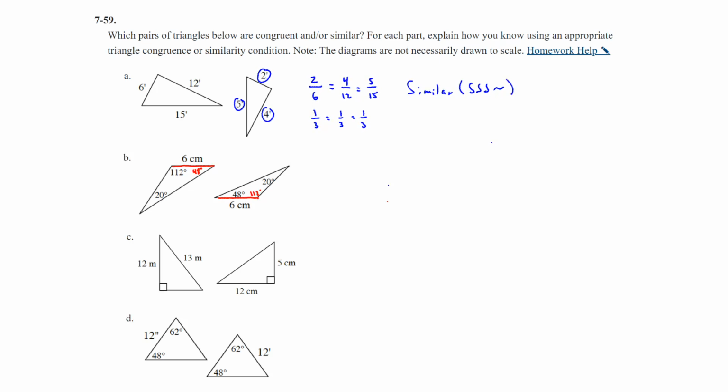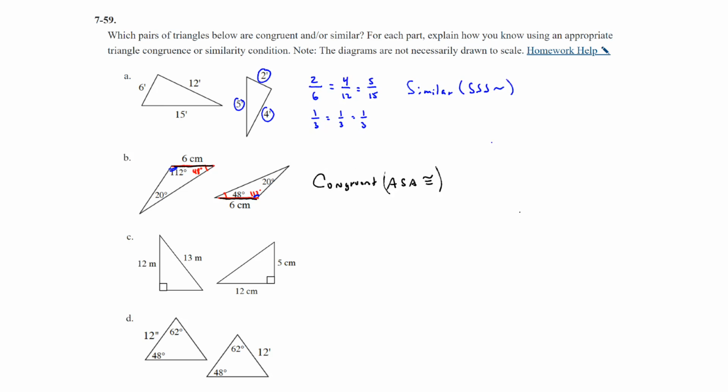So we could look at this as an angle, side, angle, because we have 48 degrees, we have the 112 degrees, and then we have the side length in between them. So yes, these are congruent by angle, side, angle congruency.